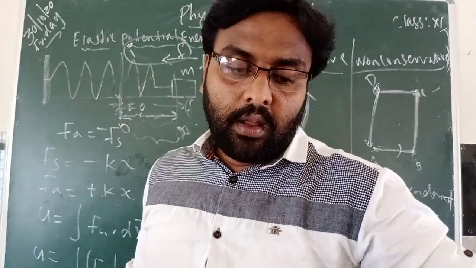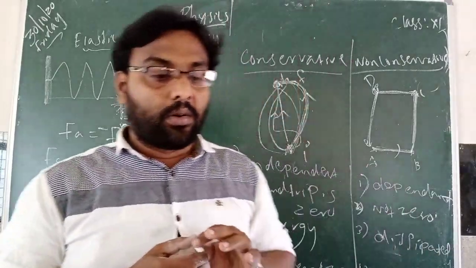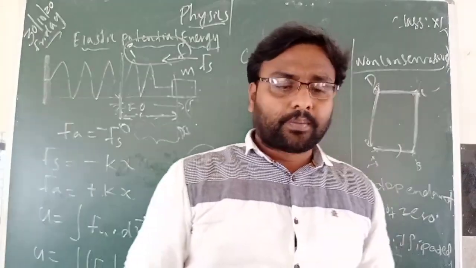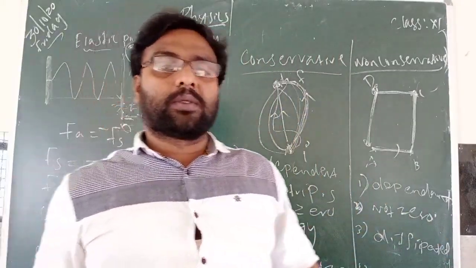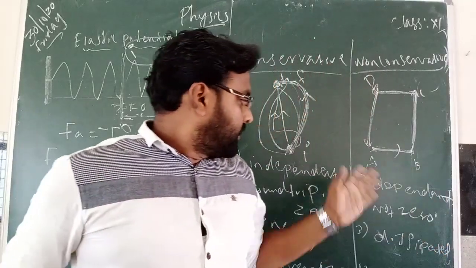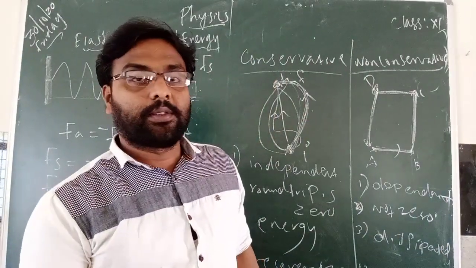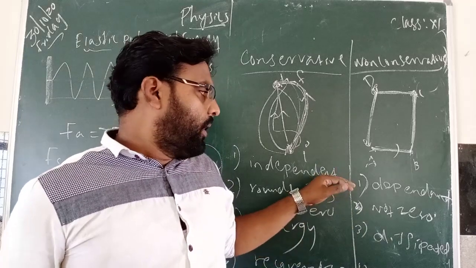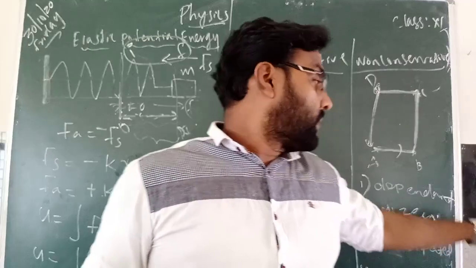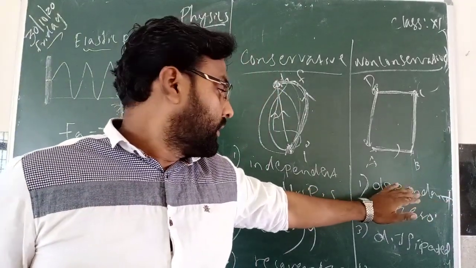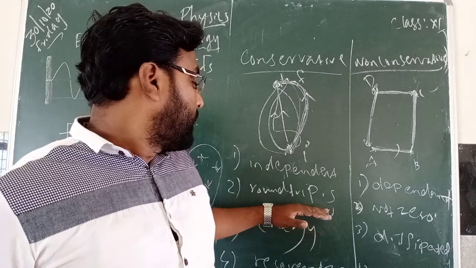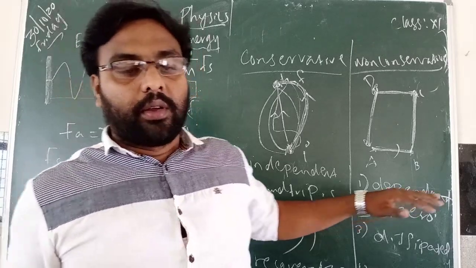There is a question: comparison of conservative and non-conservative force. It is a very important 3-mark question. For a 3-mark question you have to write 3 differences. So you can learn this. First, work done is independent of the path, and for a non-conservative force work done is dependent on the path.